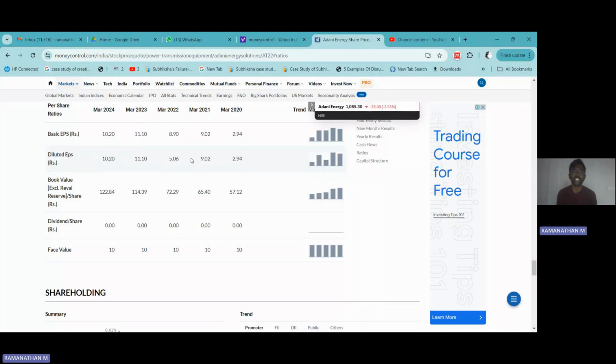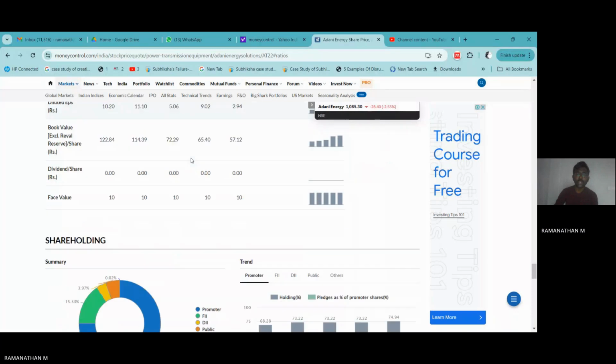You can go to financials and take this ratio data. From it, the first thing we have seen is EPS, earnings per share, year wise. Book value is the asset value we have seen year wise. Dividend per share: for the last 5 years they have not given any dividend to their shareholders, and the face value is 10.